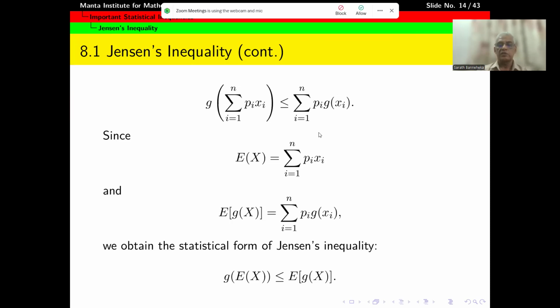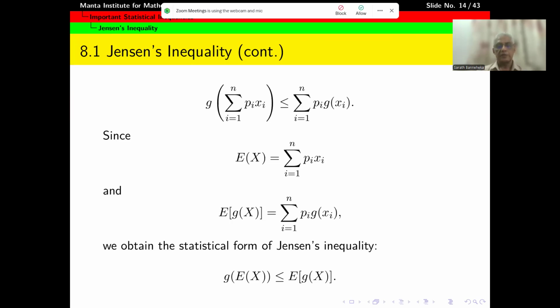Expected value of G of x is given by this expression. So that gives you the statistical version of the Jensen's inequality: G of expected value of x is less than or equal to expected value of G of x, where now x is a discrete random variable.